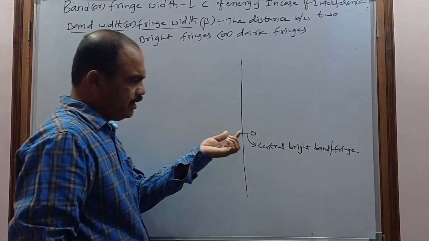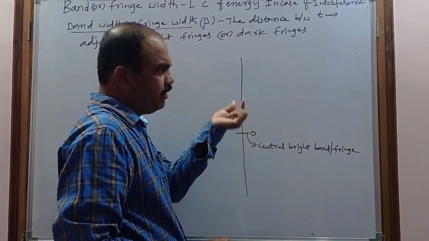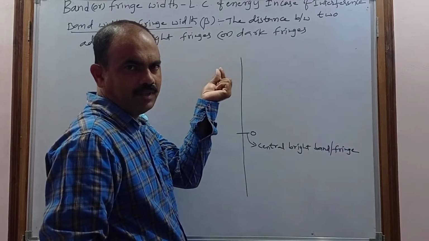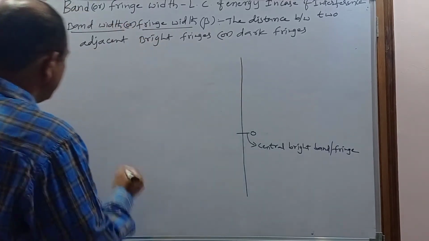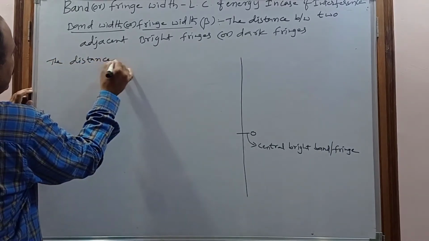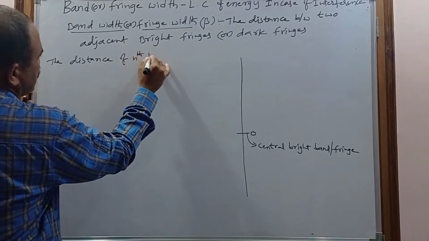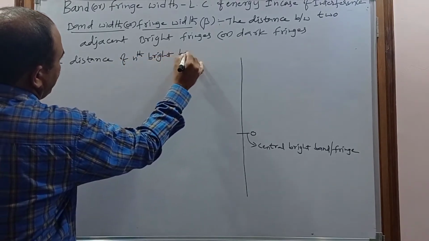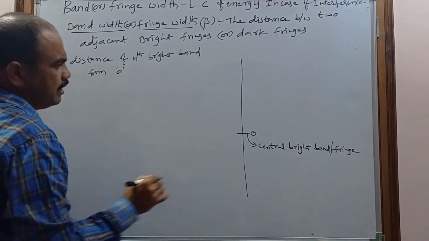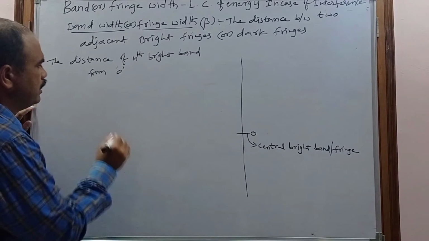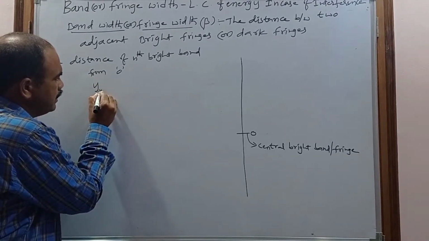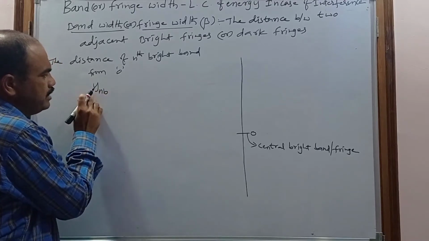Next, in the Young's double slit experiment, from the central band we derived the formula for the distance of the nth bright band and the distance of the nth dark band. The distance of the nth bright band from O, the center of the screen or central bright band, is denoted Y suffix NB.